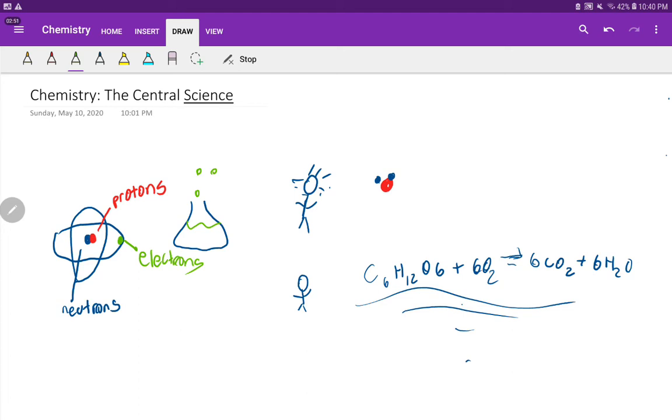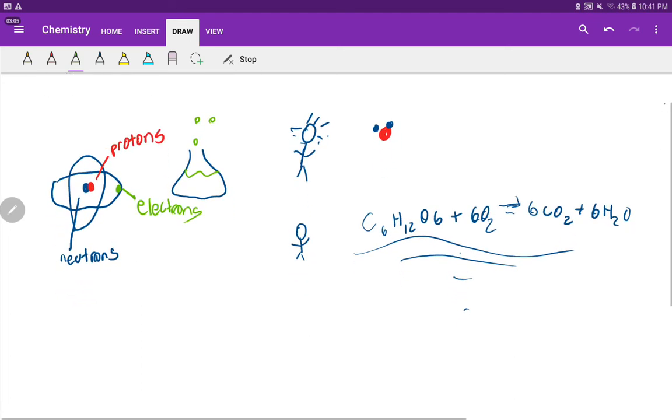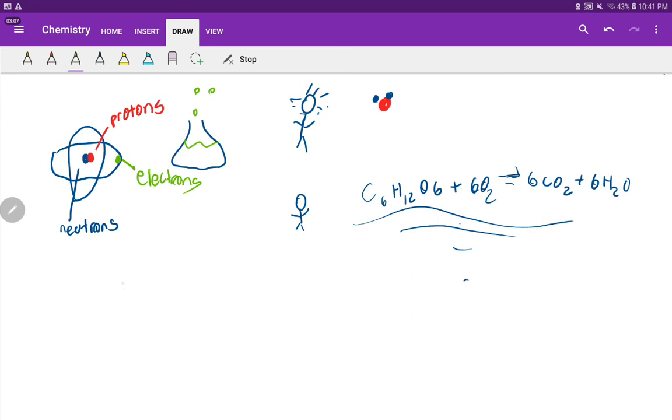From everything from your table to the window to the car that you may drive in to the computer that you're watching this on right now, everything is mostly made of atoms. There's different kinds of atoms. For example, there's something called the periodic table of elements, which looks roughly like this.